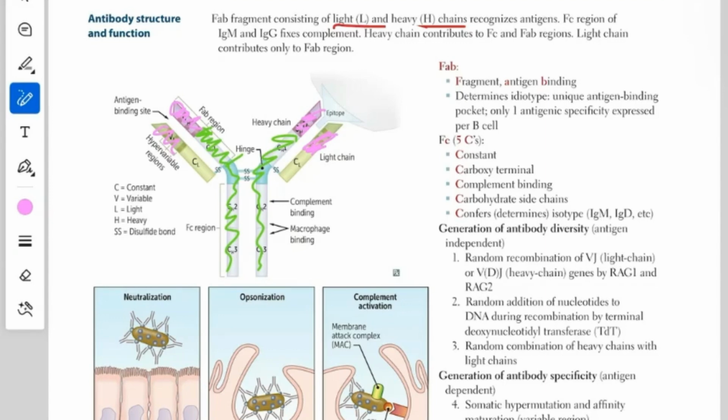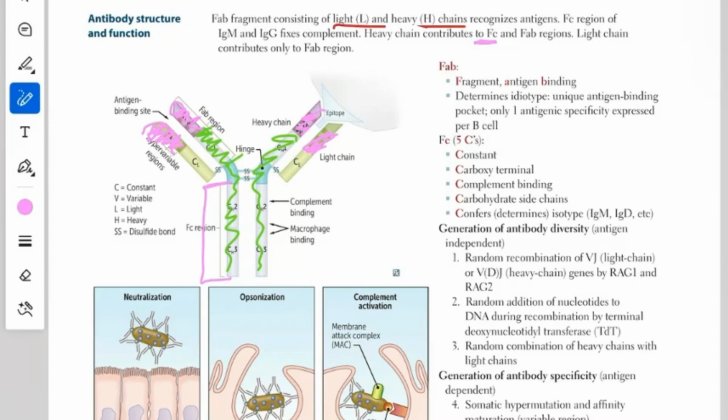The constant region forms the FC portion, which is here. The variable regions of both the heavy and light chain contribute to the antigen binding sites.